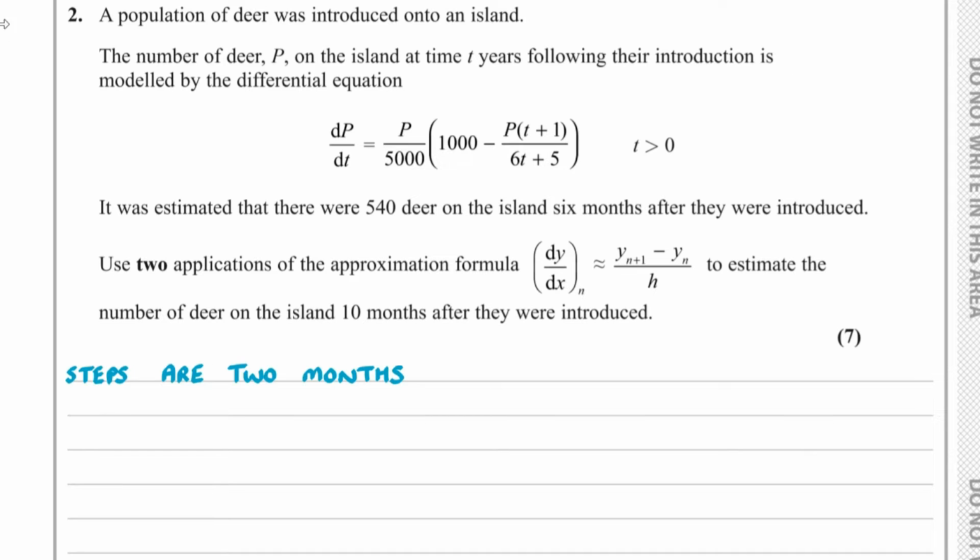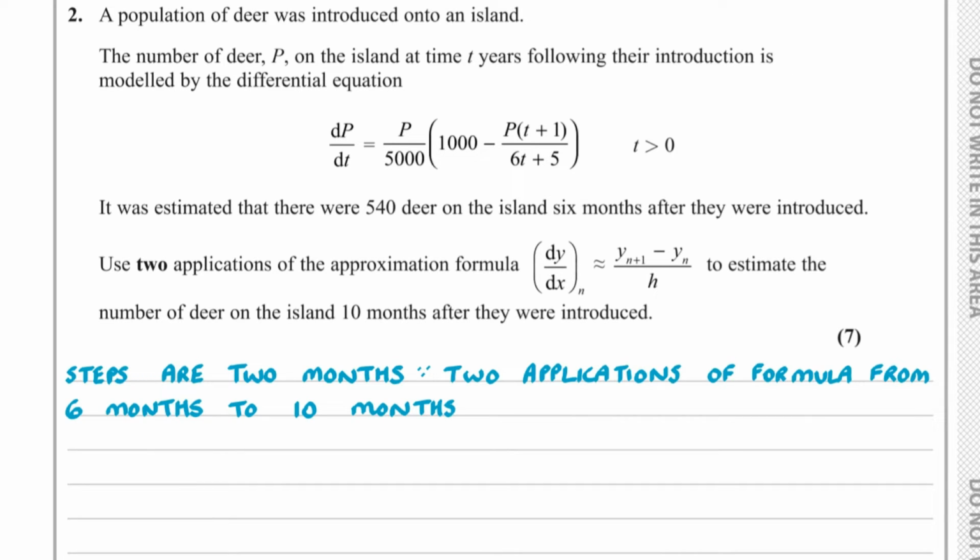Now, the steps are 2 months, and that's because we've got two applications of the formula being used from 6 months to 10 months, which means we've got 2 months out of a total of 12 months in a year, which means h is equal to 1/6. Now we know that 6 months after they were introduced, we've got 540 deer.